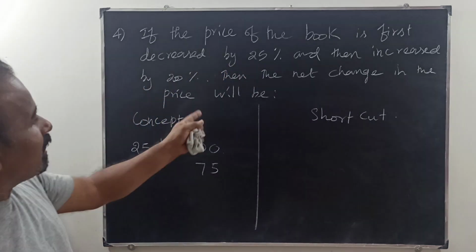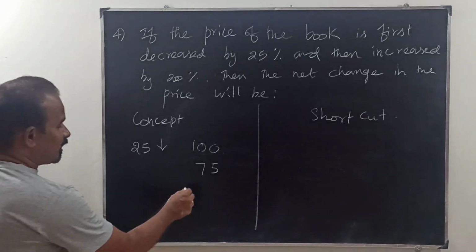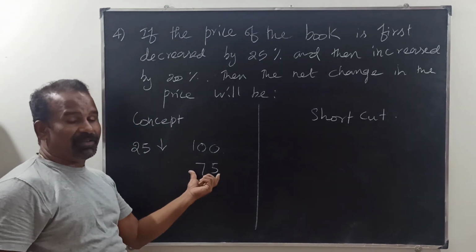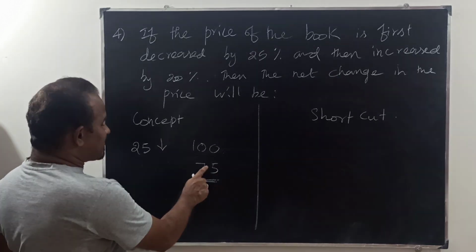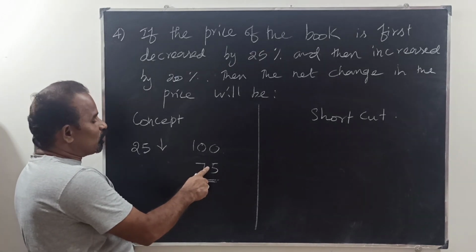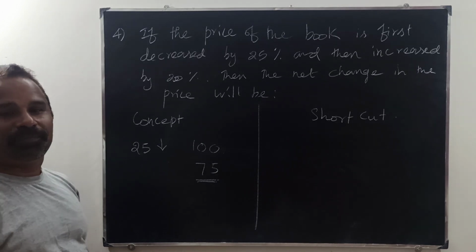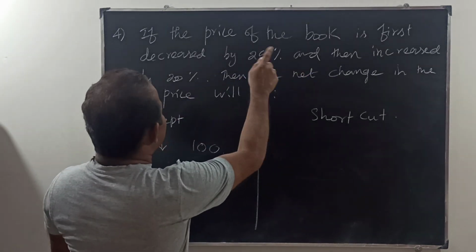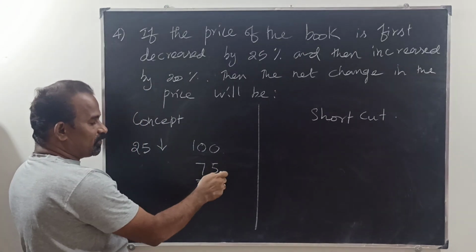And then increased by 20%. Then it is increased by 20% on 75. So therefore 10% is what? 7.5. 20% is 15. So then 15 increased.